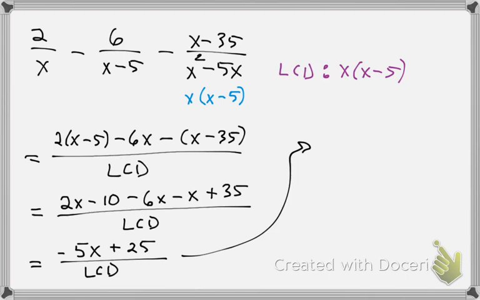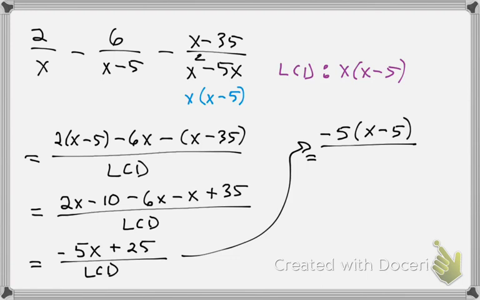Can I factor? What can I factor? GCF is 5. Should I exercise my option to factor out the negative? I mean, I asked, so that's a trick question. Yes. Your leading term is negative, so factor out negative 5, leaving you with x minus 5.